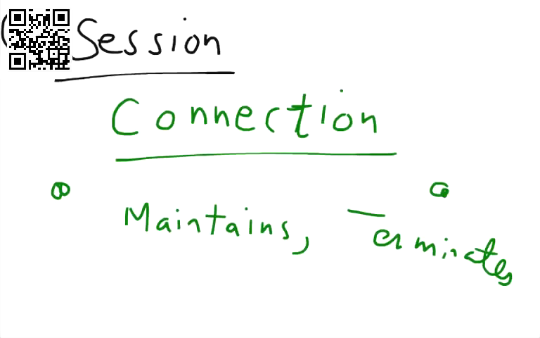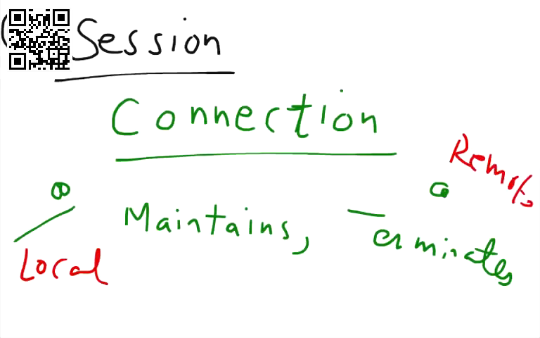So it establishes, manages, and terminates the connection between the local and the remote device or a node. And it is also the responsibility of the session layer to secure the session.